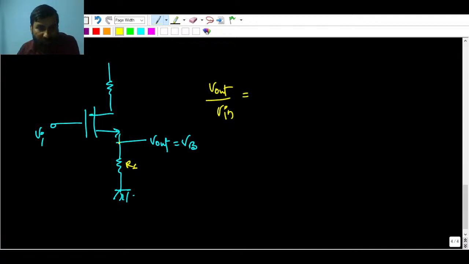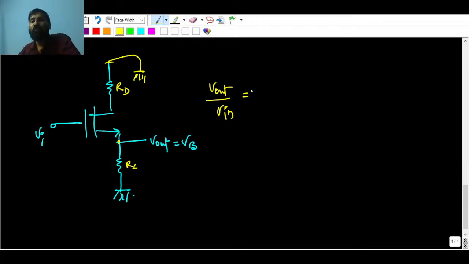If you see from this point to the ground, after all, the output terminal has to be common. So this is the common drain amplifier. You can make this ground, no problem, and RD will not come into the picture, because this is output and this is input.